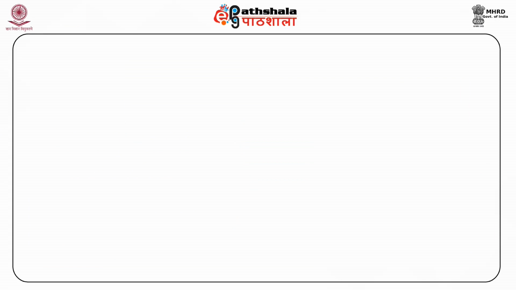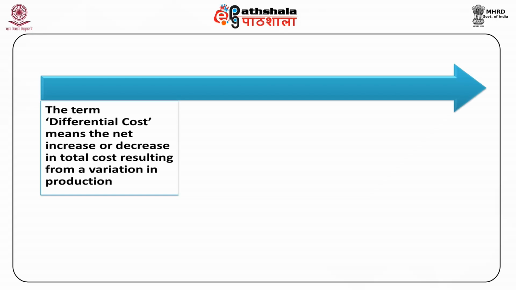Thus, in case of differential costing, the change in total costs, both fixed and variable, is taken into account. The term differential cost means the net increase or decrease in total cost resulting from a variation in production.